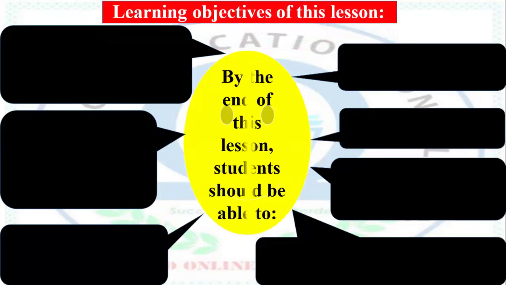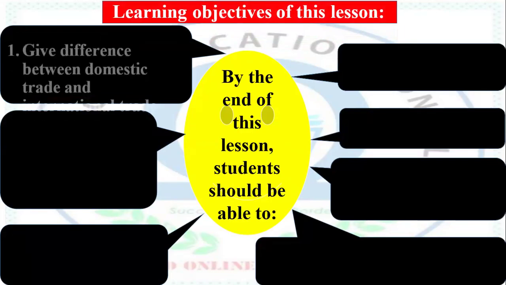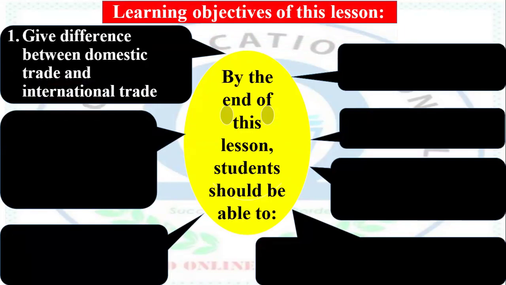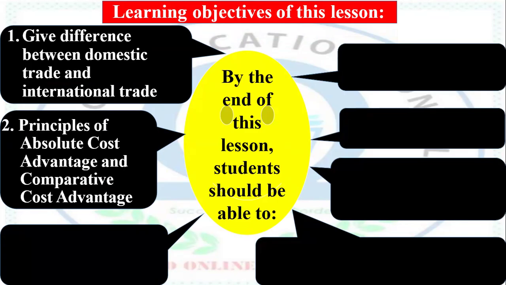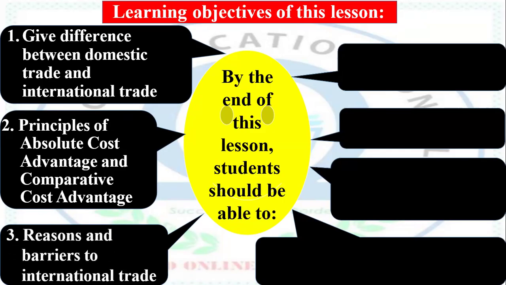Before we get into the details, let's look at the learning objectives. By the time you are through with this lesson, you should be able to differentiate between international trade and domestic trade. You should also be able to explain and establish the differences between the principles of absolute cost advantage and that of comparative cost advantage.